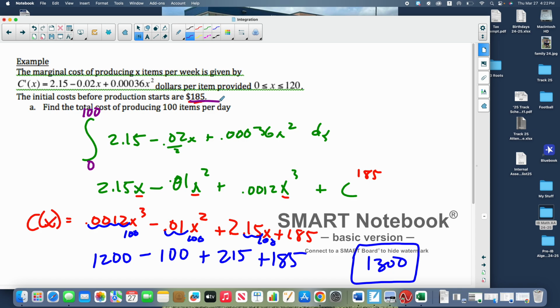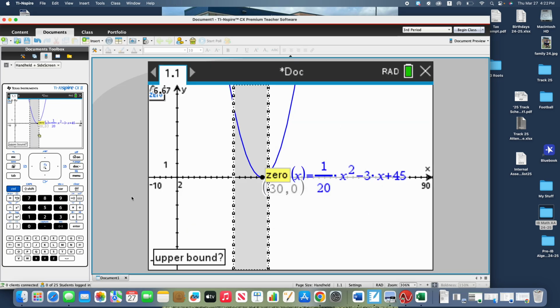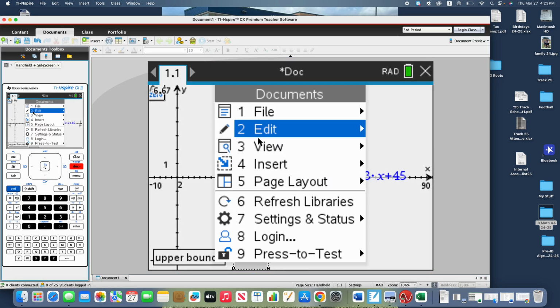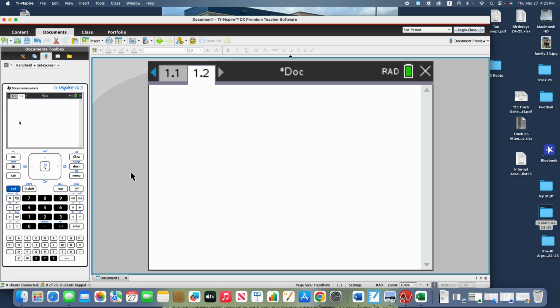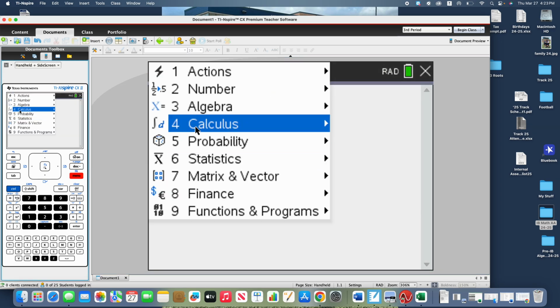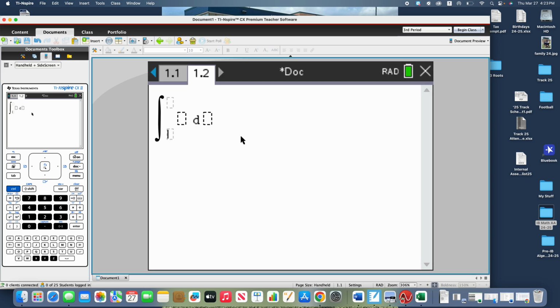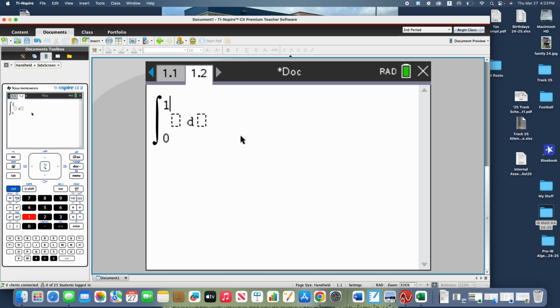That would be that additional cost underneath that line. And so if I were to type this into the calculator, let me go doc, and let's go insert, and I'm going to insert just a calculator. I'm going to go menu, calculus, and numerical integral. We did this the other day. 0 items on that one, 100 items there, 2.15 minus 0.02x.